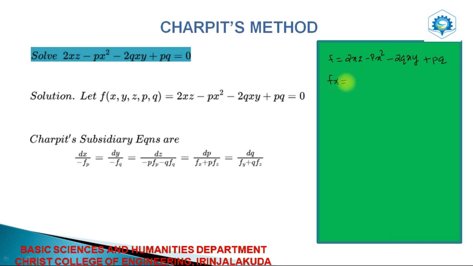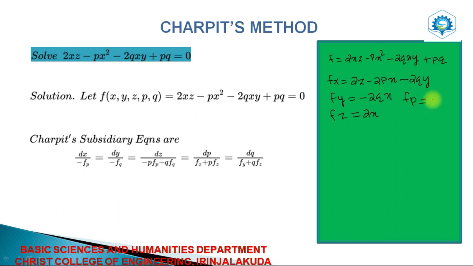What about fx? Fx is 2z minus 2px minus 2qy. And what about fy? Fy is minus 2qx, fz is 2x. What about fp?